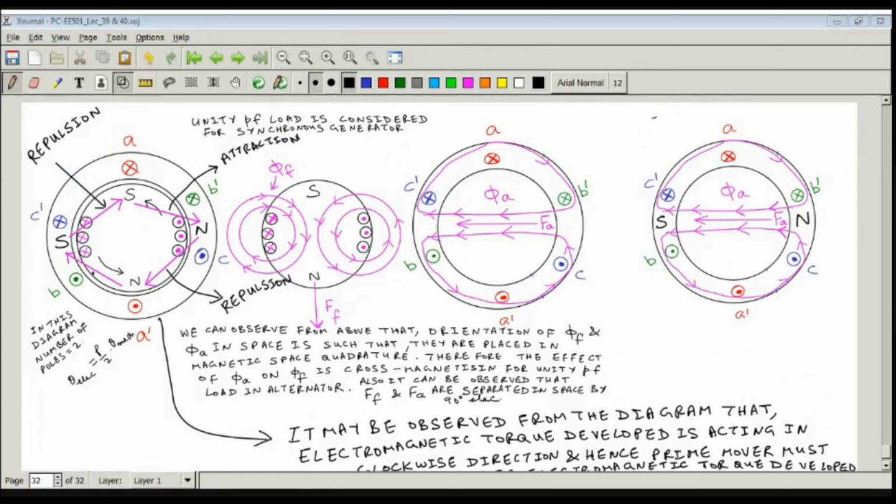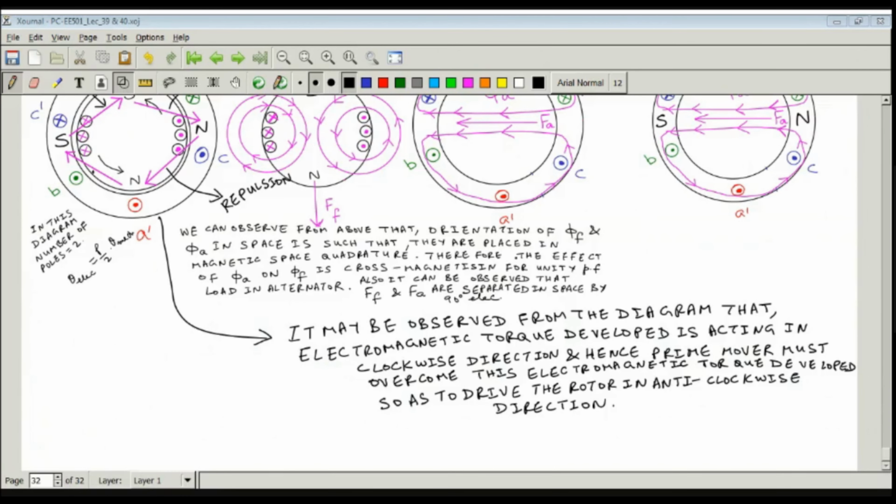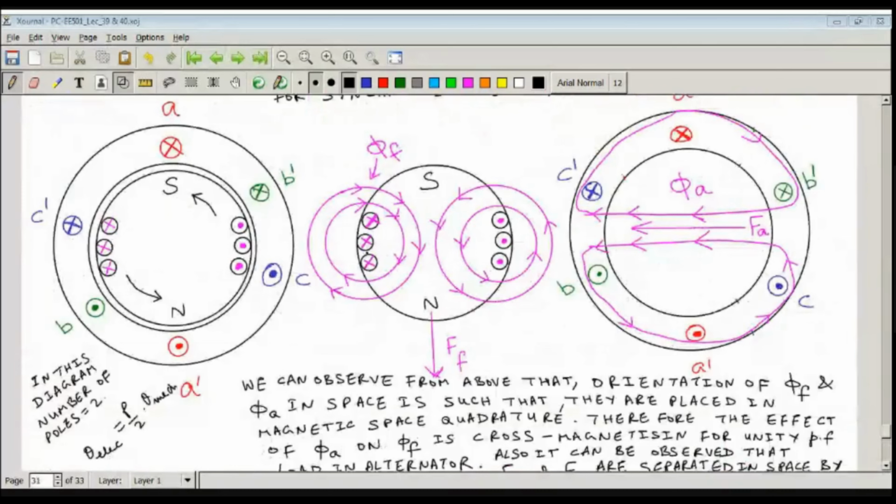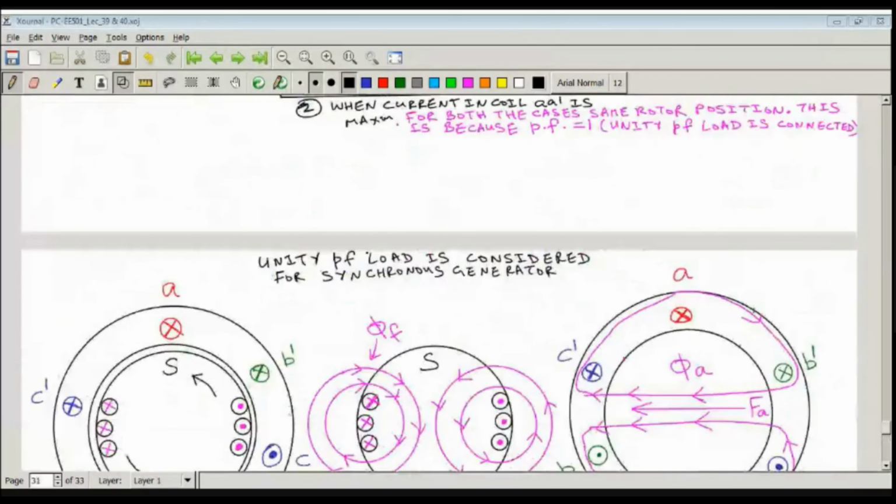Sometimes such questions come, where they will give you a phasor diagram, and you should be able to tell whether it is drawn for a synchronous generator or a synchronous motor. So how to answer this kind of question? For that we will again take the help of this diagram only. Unity power factor load I am taking. So let me copy this.